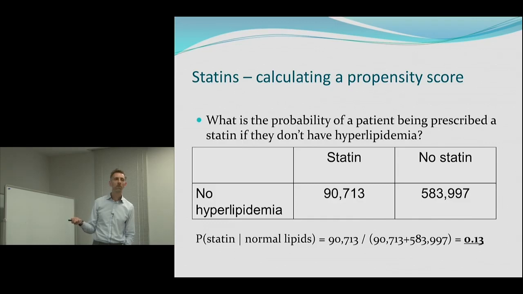This would give us a number of 0.13. So it would mean that everybody in the whole data set, regardless of whether they're taking a statin or not, would have had a probability of taking a statin of 0.13. Yeah, everybody with me? Great. So that would be in the strange world where only having high lipids influences the chance of taking a statin.